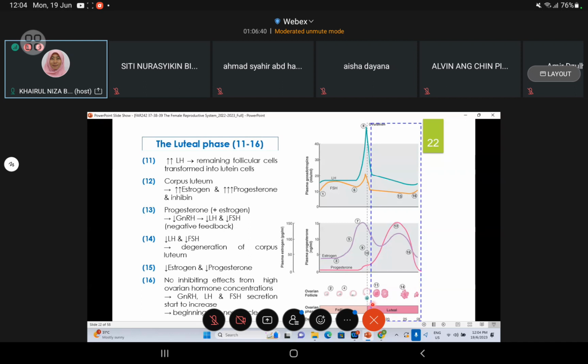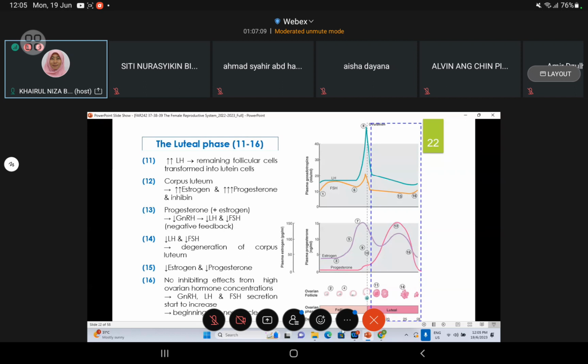Okay, what happens in the ovaries? The egg has been released and the granulosa cells that are left behind change into the corpus luteum. And after 12 days, it then becomes corpus albicans, which has no endocrine function, meaning that estrogen is no longer being secreted.